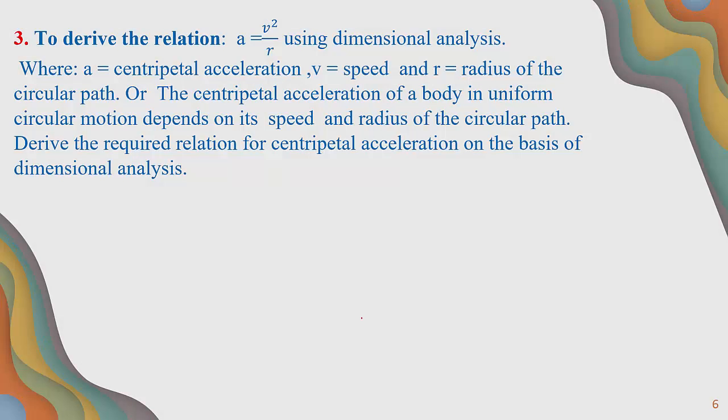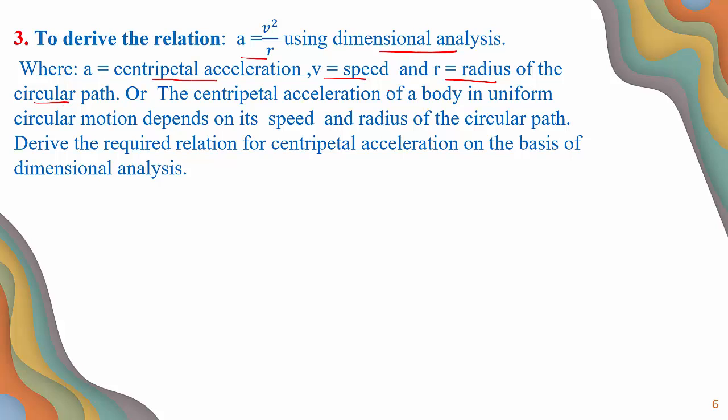So, then come to the third example. To derive the relation A equal to V square by R using dimensional analysis, where A is centripetal acceleration, V is speed, R is radius of the circular path.